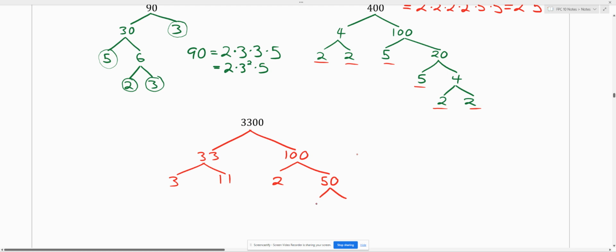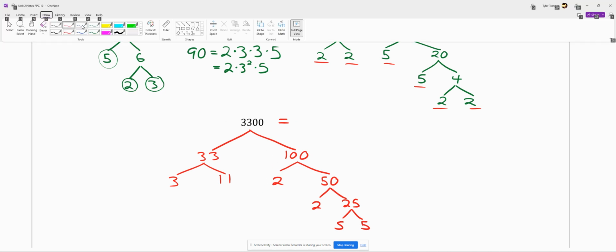Do 2 times 25. 2 is prime, but 25 is not. That can break into 5 times 5. And now I have all of my primes. And notice I get the same 4 primes with 100. Here I got 5522, and here I get 2255. Exact same result.